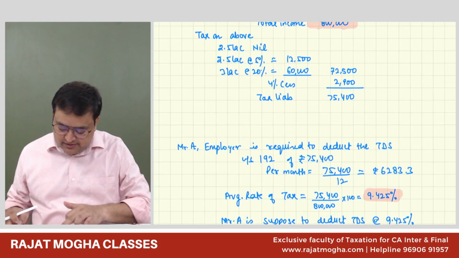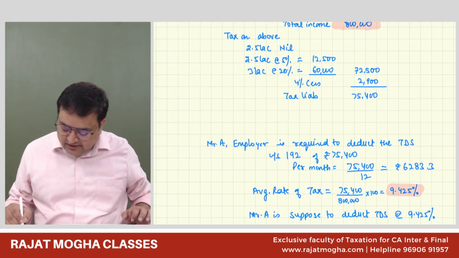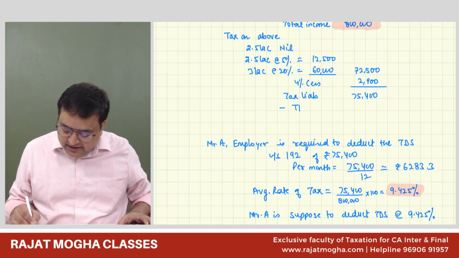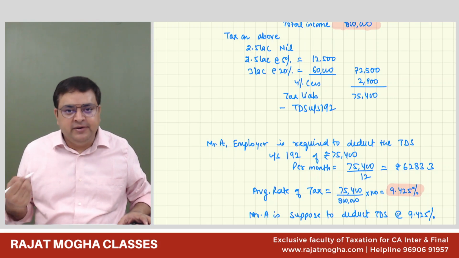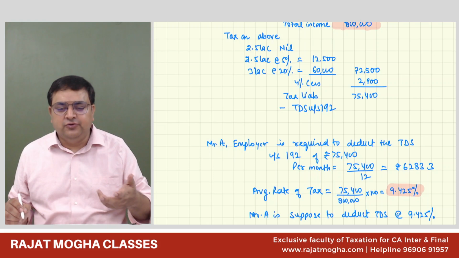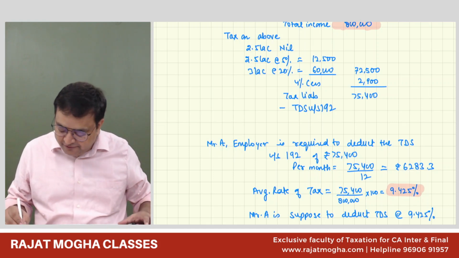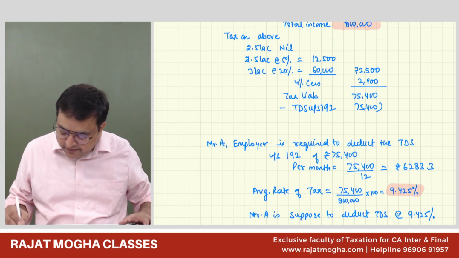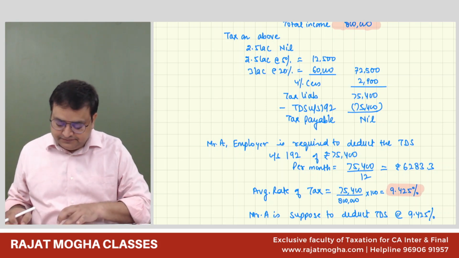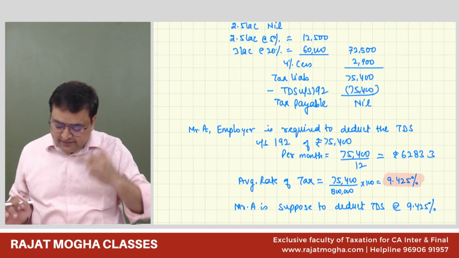And for the employee, his tax liability is 75,400 minus TDS under section 192. His 75,400 will be deducted in total, every month it is getting 6,200 something. In total, 75,400 would be deducted by the employer. So his tax payable would be nil. Correct? Let me know if you have done this.